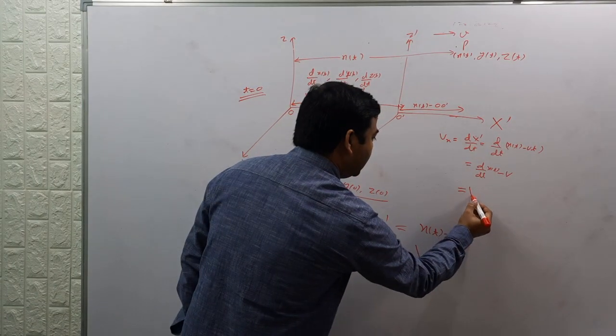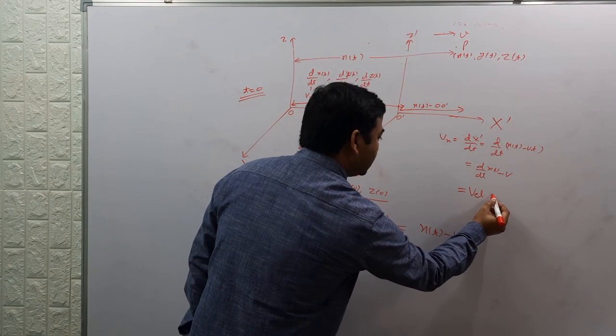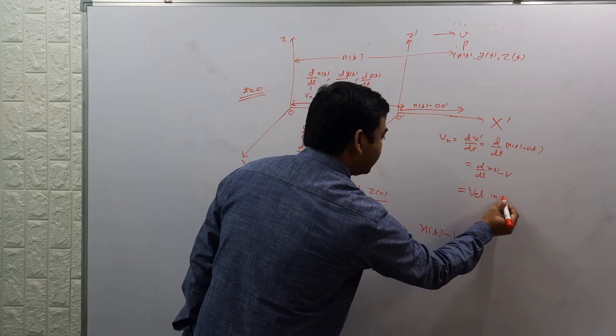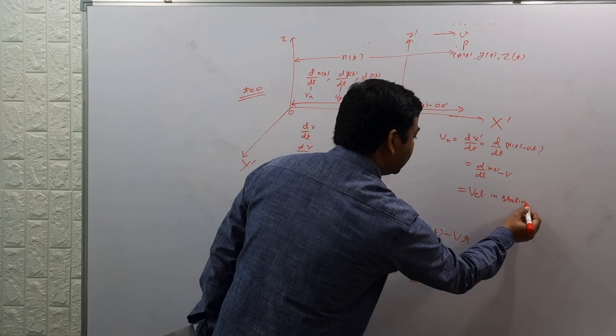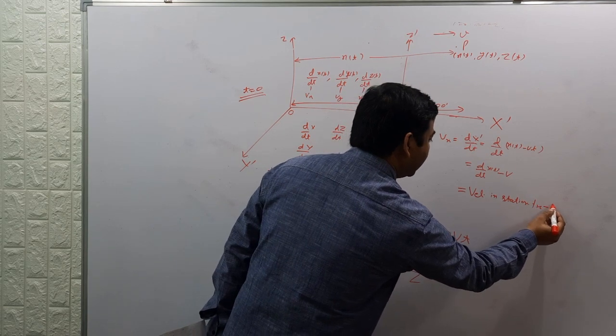So velocity in the stationary frame, you can say stationary frame, minus v.